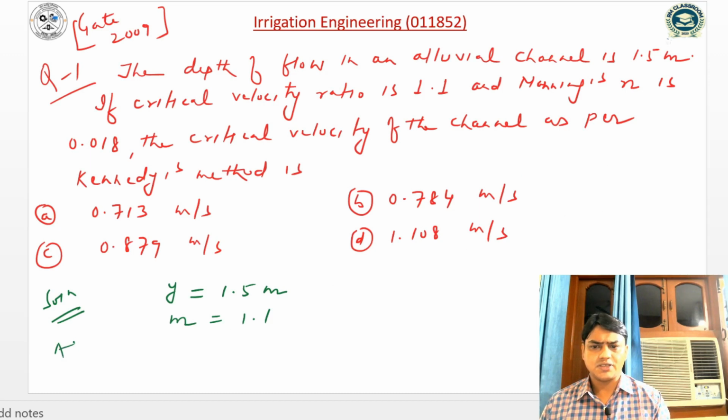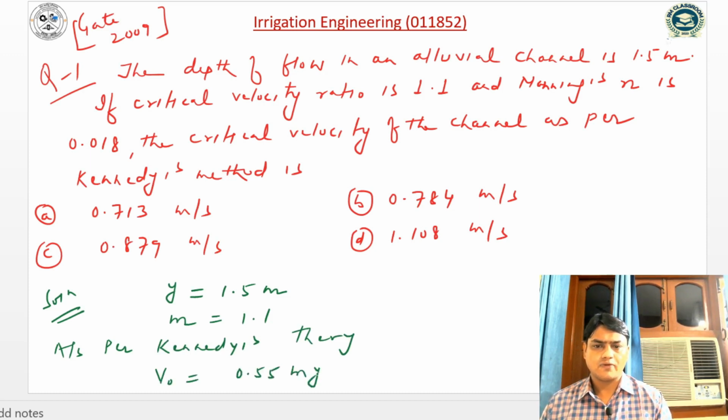As per Kennedy's theory, V naught is equal to 0.55 m y to the power 0.64.